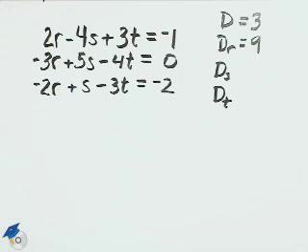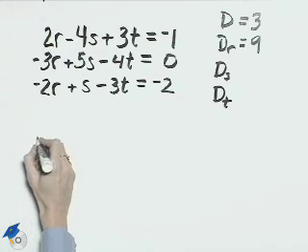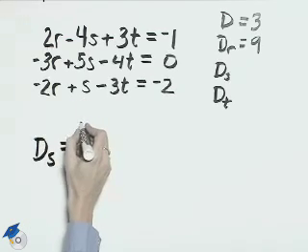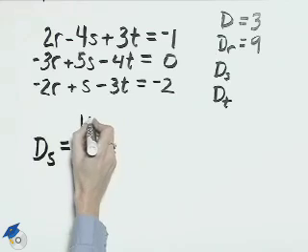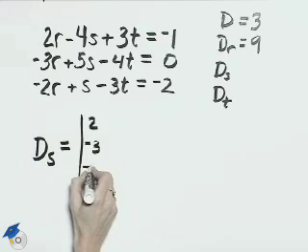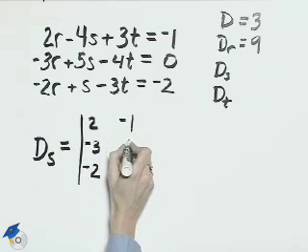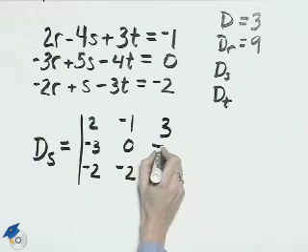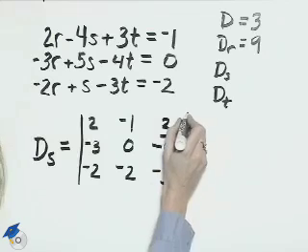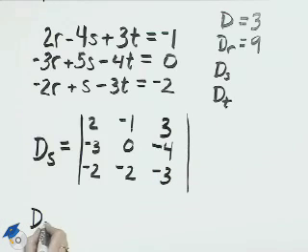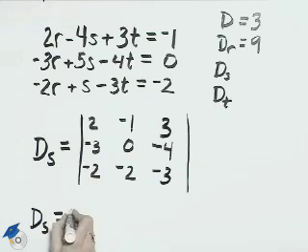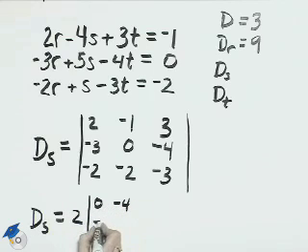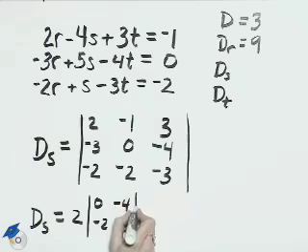The next determinant we need is D sub S. For D sub S, we'll replace the coefficients of S with the constants. The first column is the coefficients of R. Next will be the constants. And then we'll have the coefficients of T. D sub S equals 2 times the determinant 0, -4, -2, -3, going across the rows.